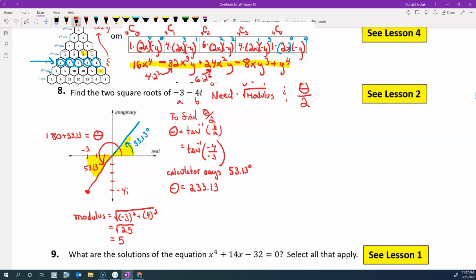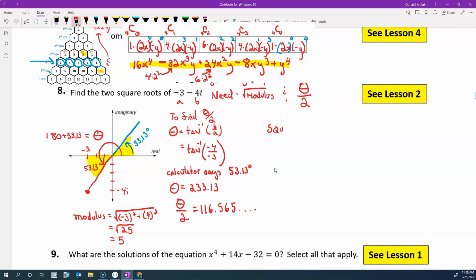Okay, so now you can get half of it by dividing that by 2. 116 point. Okay, all right.